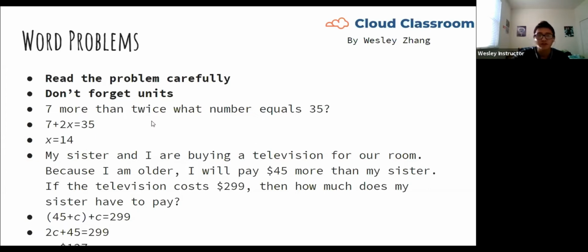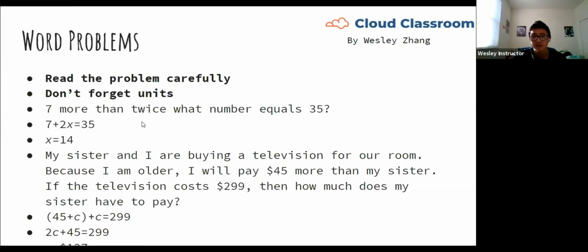All right, 7 more than twice what number equals 35? So for these word problems, you guys want to convert English into math, or into numbers. So 7 more than: if you see more than, that's addition. So 7 plus. And twice what number?